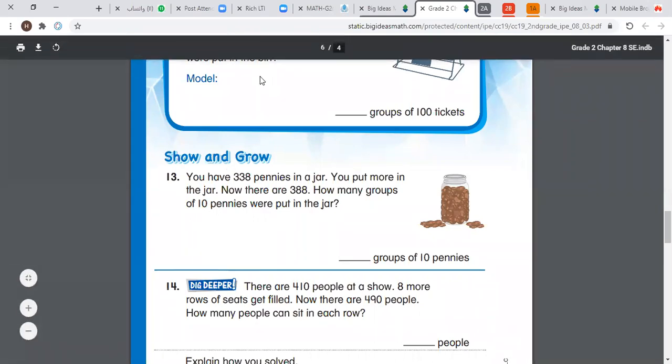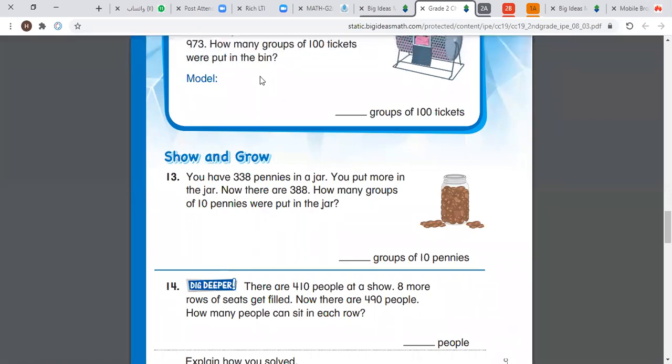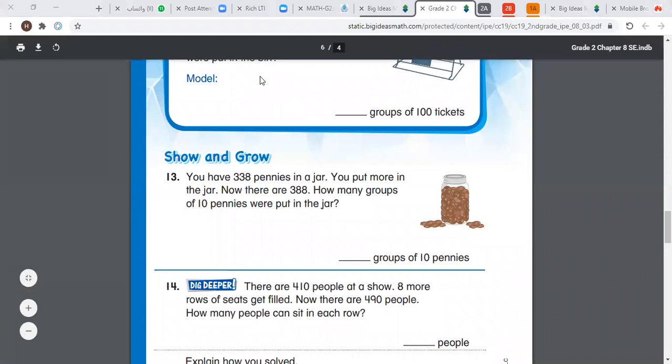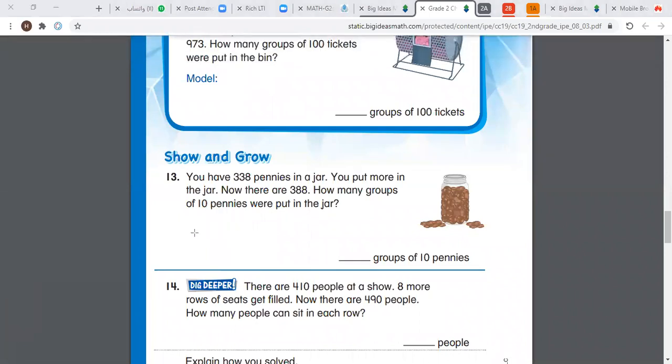Okay, let's use the number line to help us. This is the number line. What's the starting number? The starting number is 338 because you have 338. Let's write here 338.